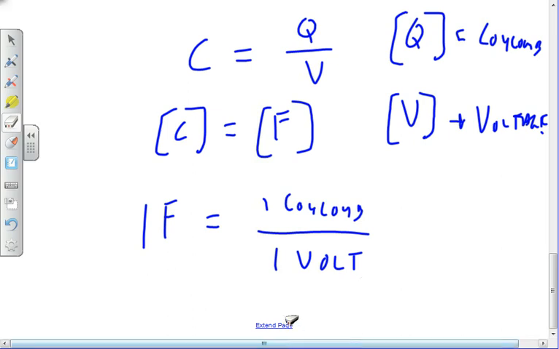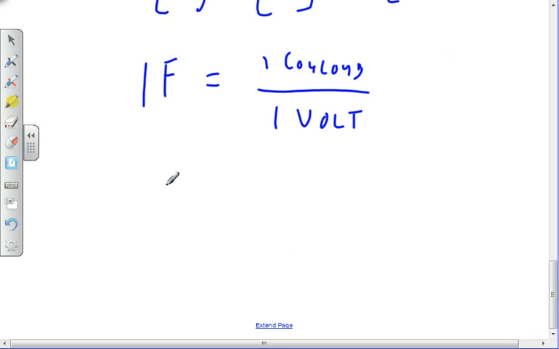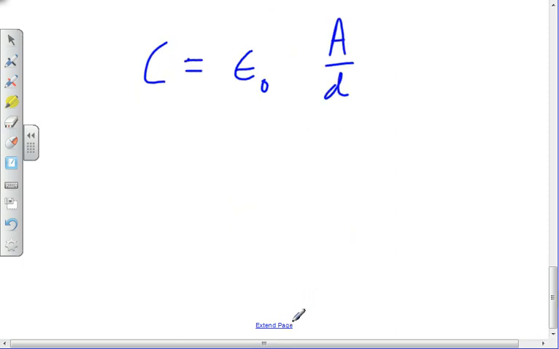The capacitance of my capacitor is going to be epsilon naught A over D. What's that symbol? That's an epsilon. Don't you know your Greek alphabet? Typical. I barely know the Mexican.